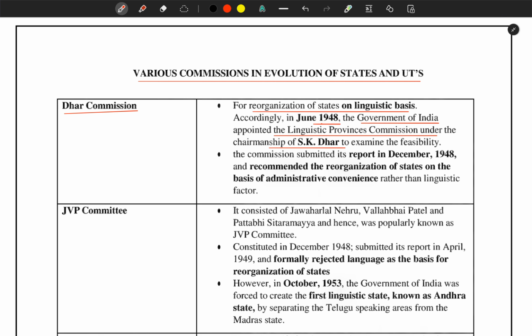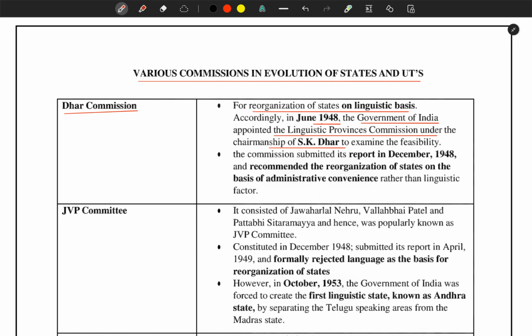So what we have to remember for this particular commission, this S.K. Dhar Commission, was established for examining the feasibility of reorganization of states on the linguistic basis. And in 1948, the government of India appointed the Linguistic Provinces Commission, and S.K. Dhar was appointed as chairman of this particular commission.